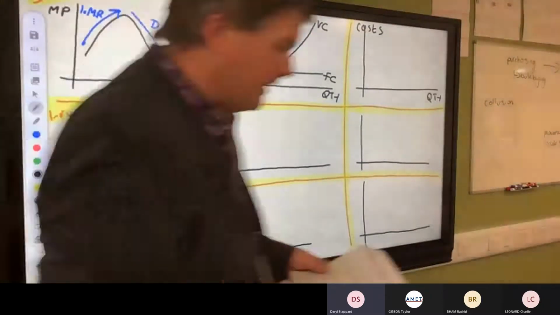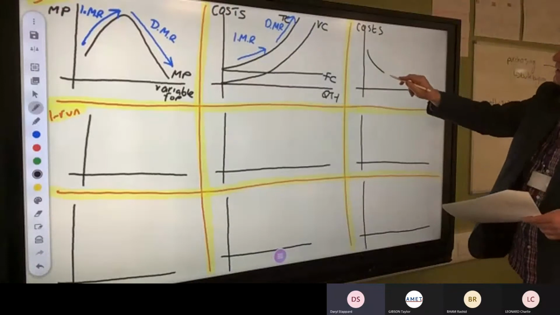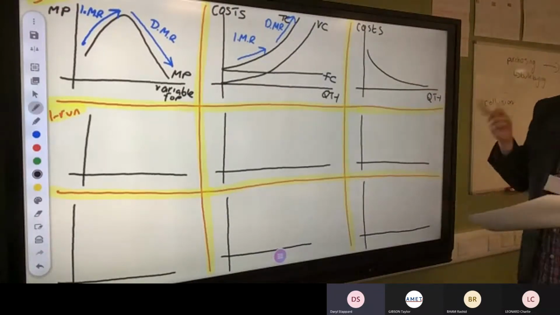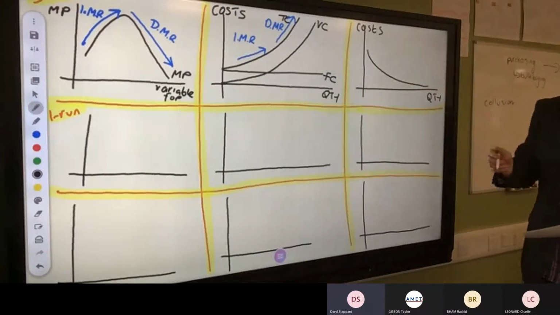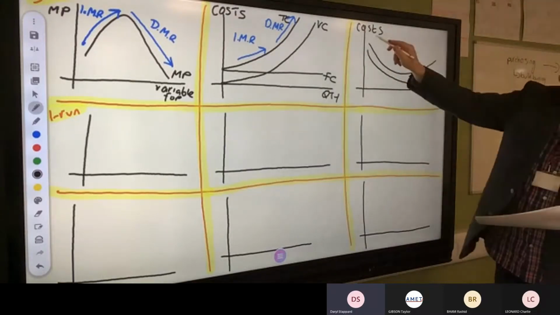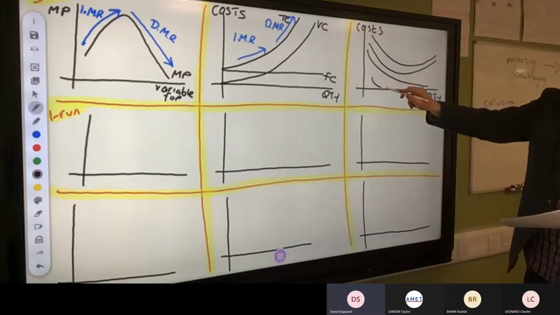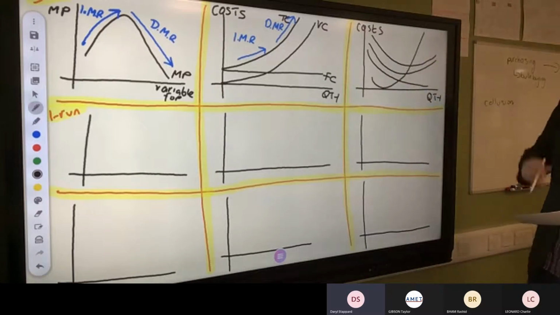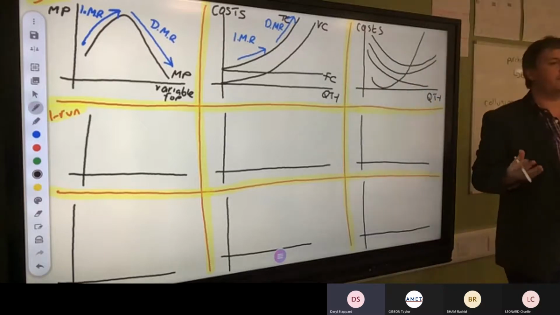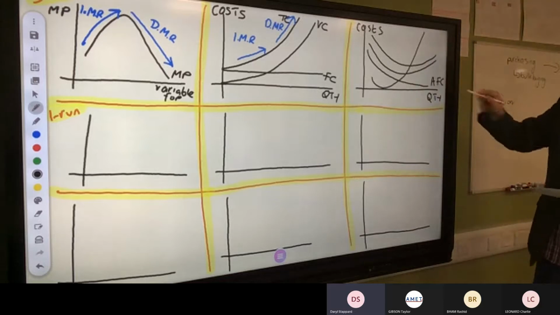Right, now on the next diagram, I'm going to add 4 different curves, and then I'll show you what each of these different curves are. Right, so these are the 4 different curves. Now, the bottom one is average fixed costs.